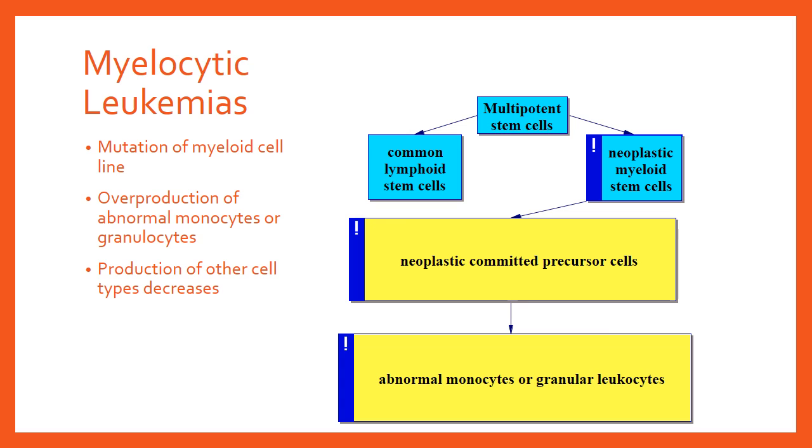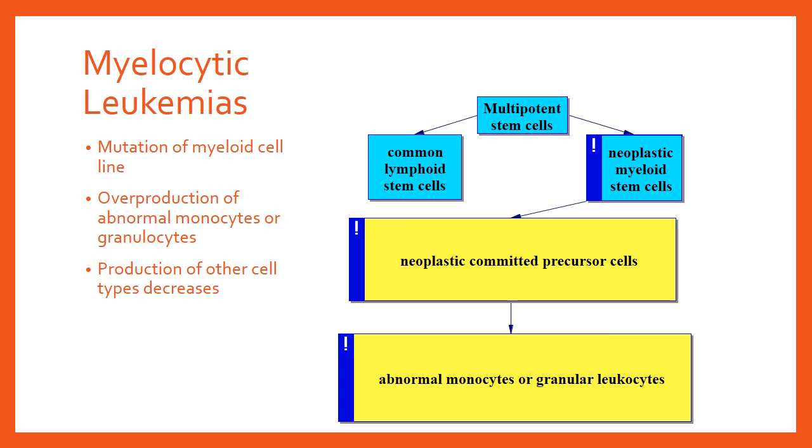Let's talk about myelocytic or myelogenous leukemias. Again, this is the diagram that represents the development of myelocytic leukemia. We still have our multipotent stem cell, which will give rise to common lymphoid stem cells and neoplastic myeloid stem cells on the other hand.